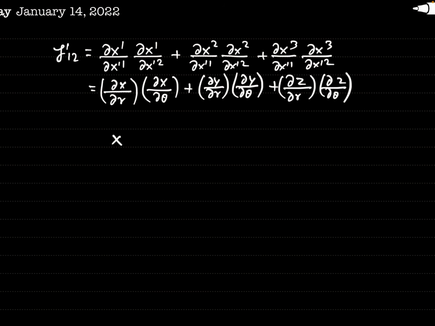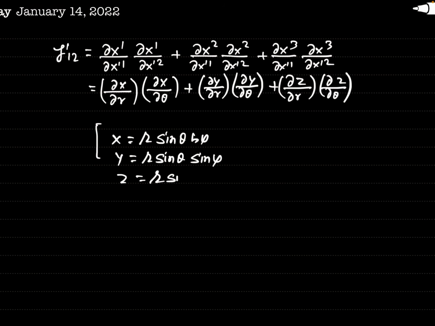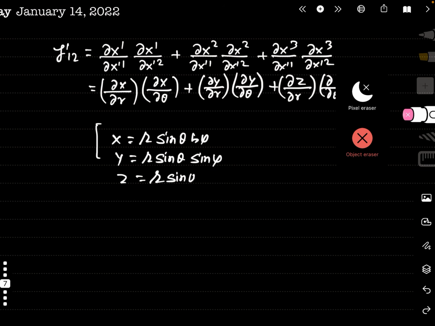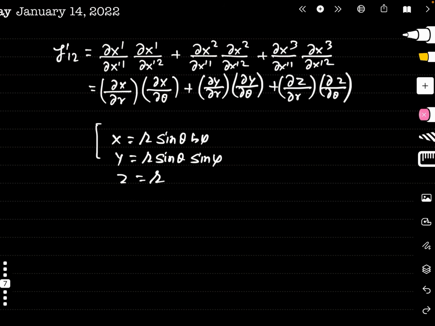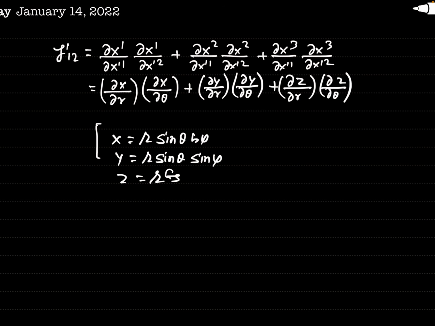And again see that transformation equation: x equal to r sine theta cos phi, y equal to r sine theta sine phi, and z equal to simply r cos theta.